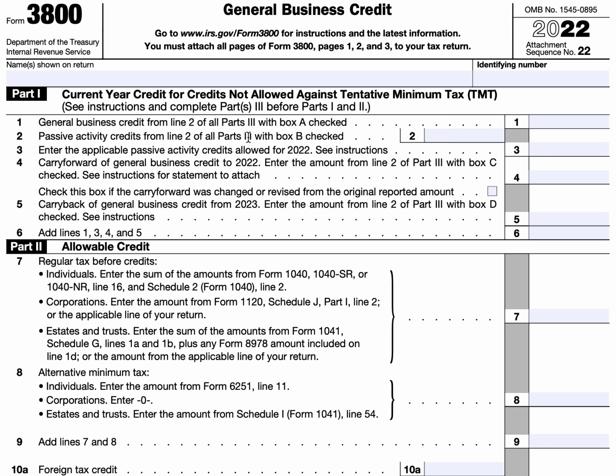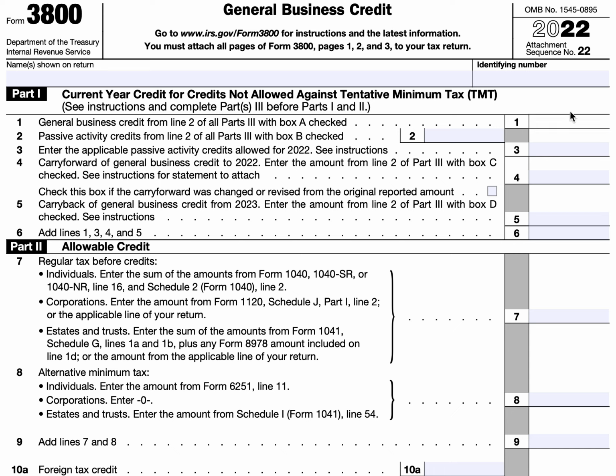Because of the complexity of this, and because in realistic fashion you would probably have multiple parts 3, I'm going to make up numbers to put into here just for illustrative purposes, but do understand that you're likely going to have multiple parts 3, like for example, general business credits with box A checked. Then you'll have separate parts 3 with passive activity credits, so on and so forth.